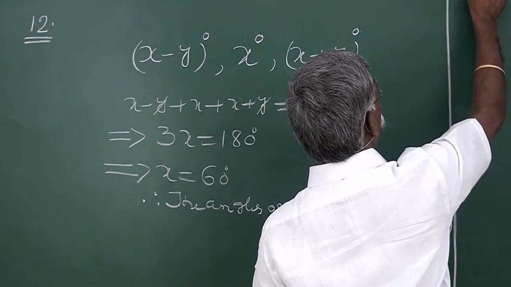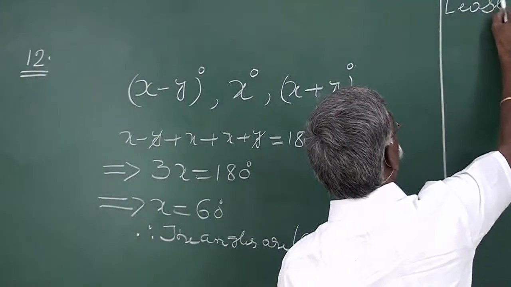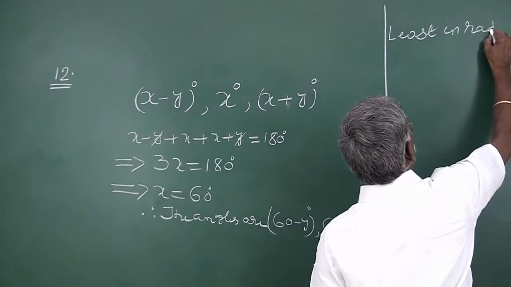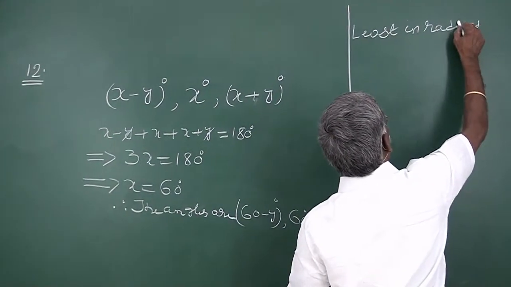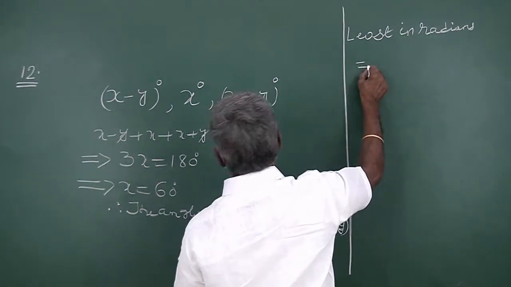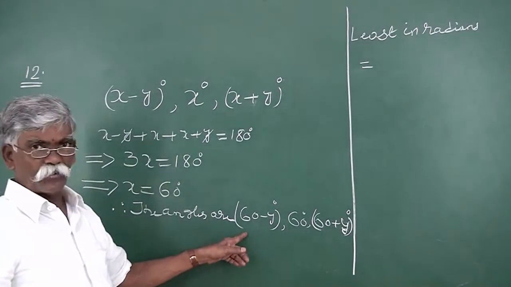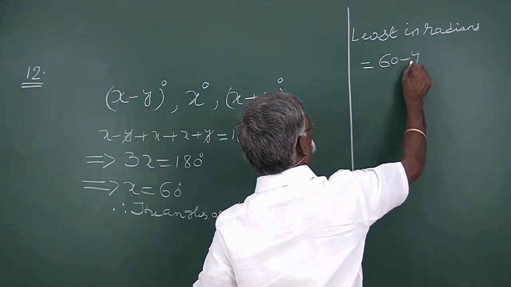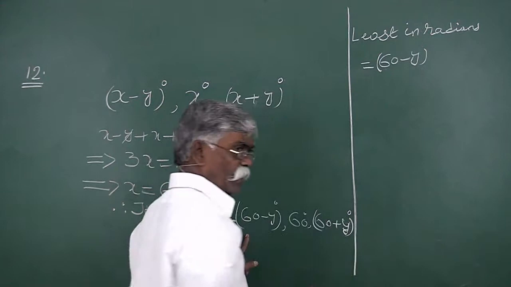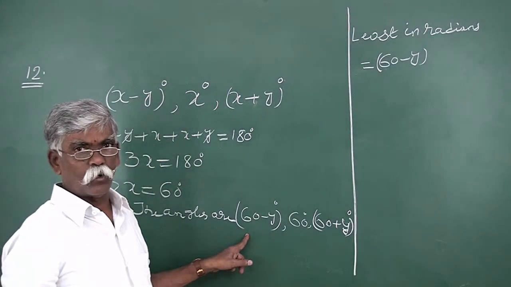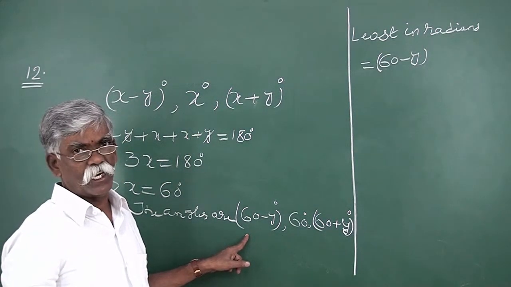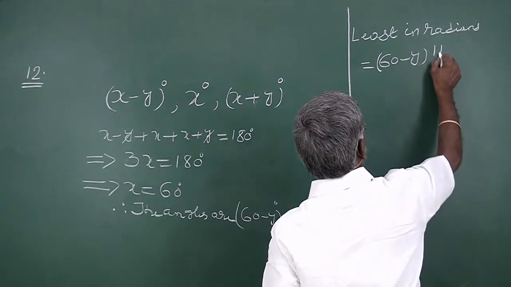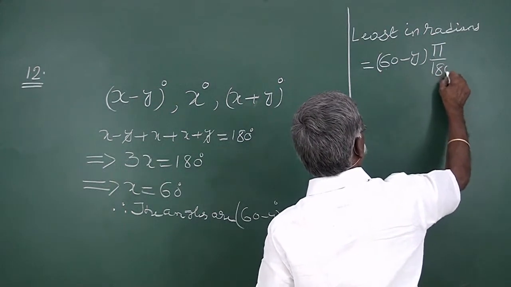Now, least in radians is equal to the least angle is 60 minus y, and 60 minus y we have to convert it into radians, and 180 degrees is equal to pi radians. 1 degree is equal to pi by 180, therefore this is into pi by 180.